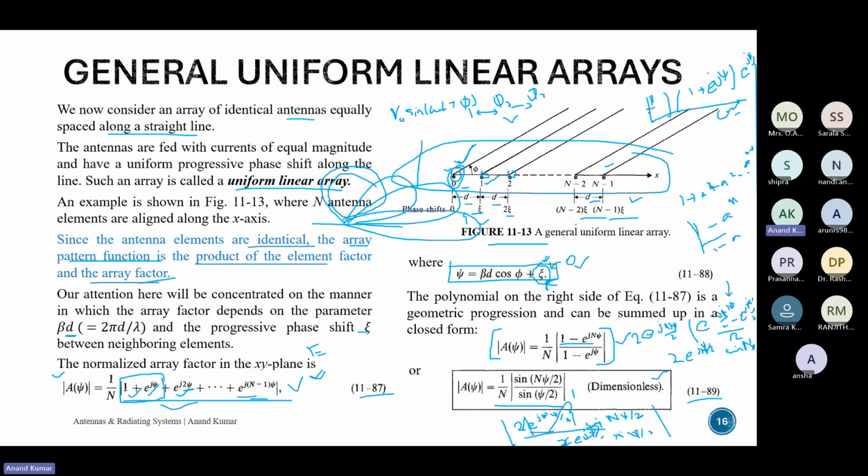And as we'll see later, it need not even be the same. We need not have the same distance between the elements. It could also be different, like D1, D2, D3, and then you'll achieve a certain desired pattern. So all of these can be varied to achieve a desired pattern function.